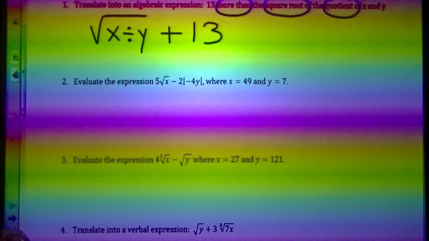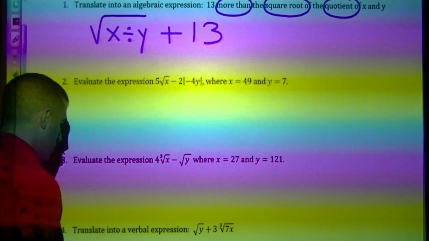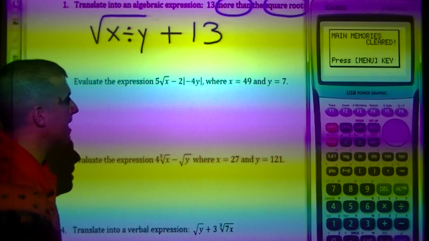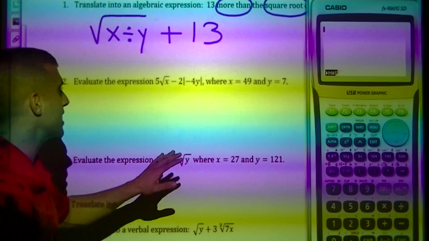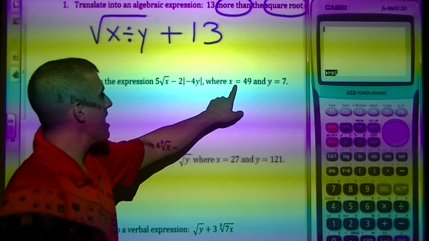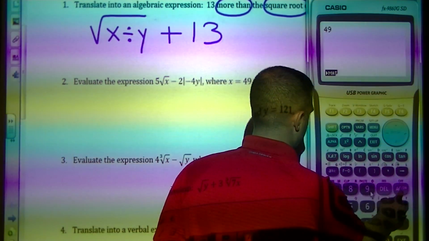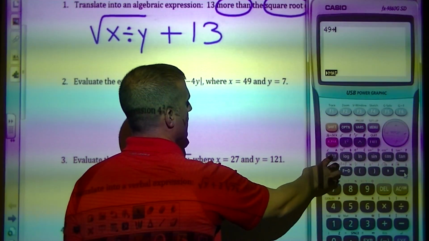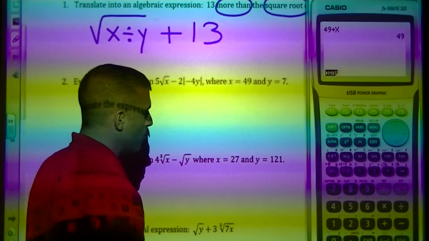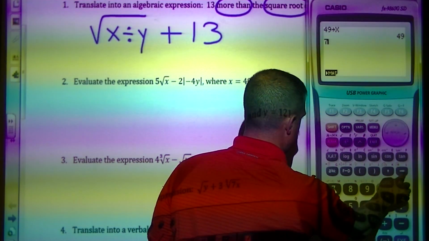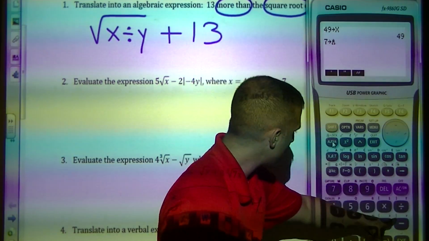Number two, it says evaluate the expression. I'm going to go into the calculator, go to menu, and go to the blank screen. I'm going to tell it x is 49 and y is 7. So 49, arrow x, that saves it for x. Then 7 for y: I pick alpha, and y is down here.